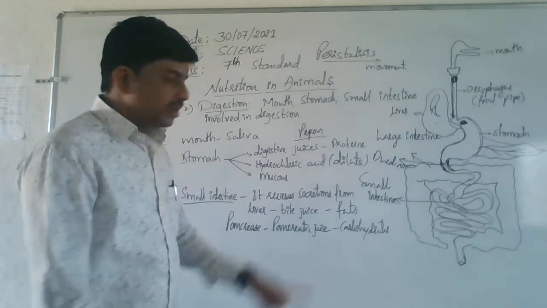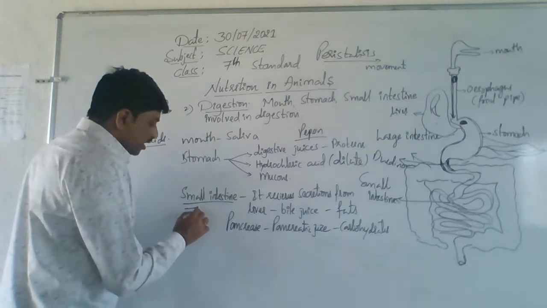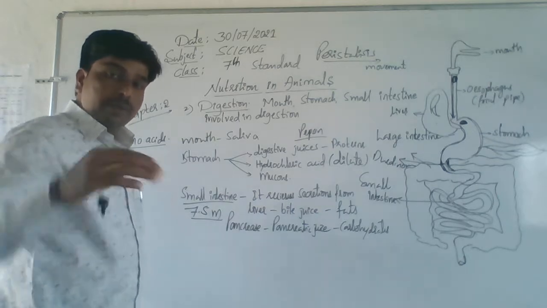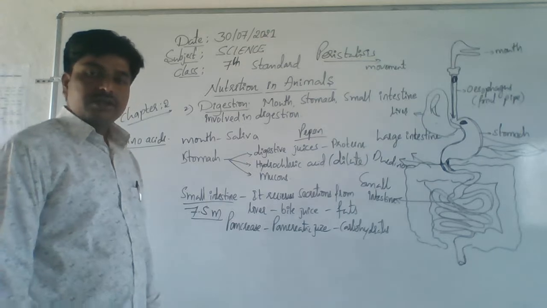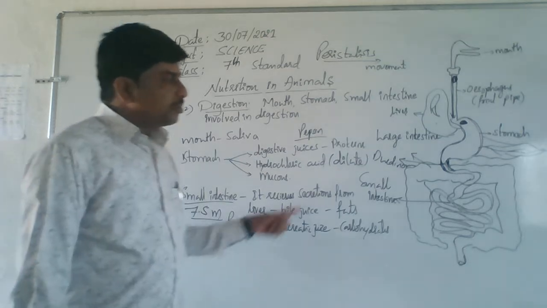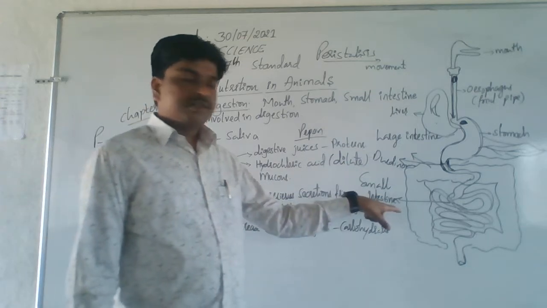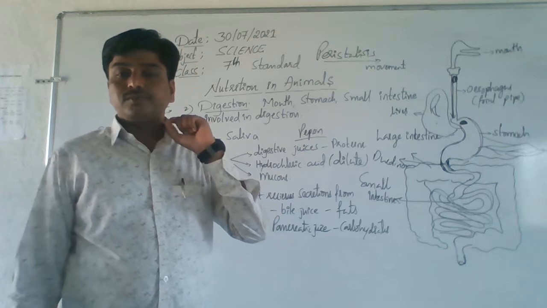Remember students, the length of this small intestine is about 7.5 meters. Understand? Remember. So after partial digestion, the food enters into the small intestine from the stomach through the duodenum.